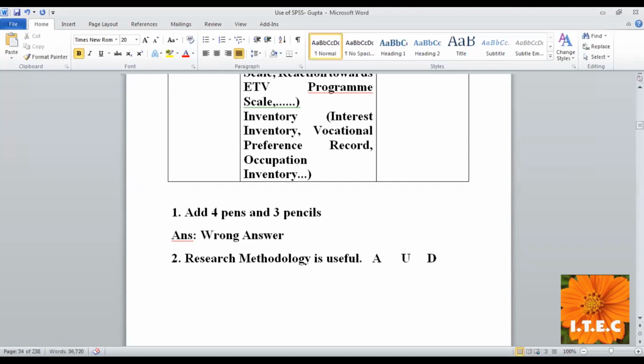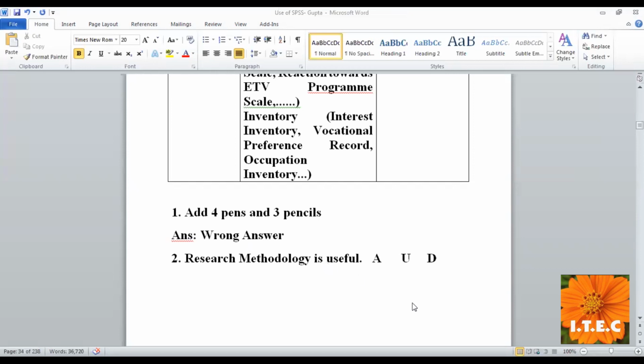Sakshi, it is wrong. Now, give me the answer for item number 2.